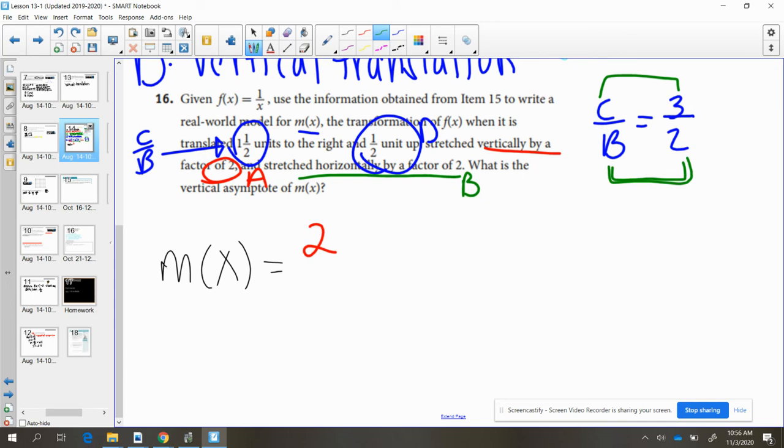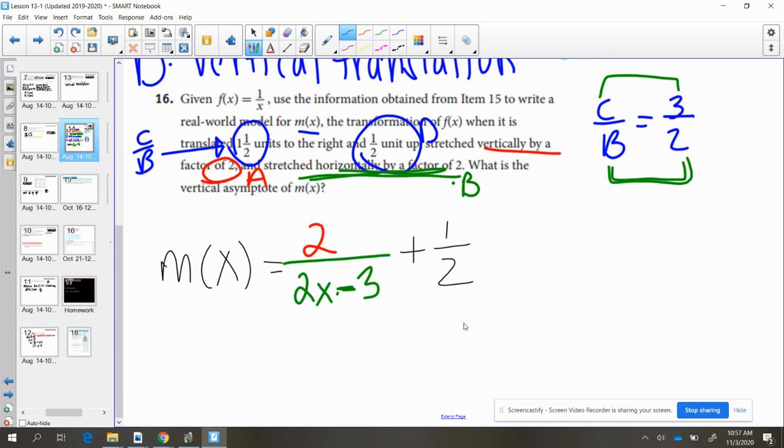And that also makes sense with the fact that we have that horizontal stretch by a factor of 2, that in our denominator we're going to need 2x and then minus 3. Because again, if we're ultimately shifting this to the right, it's going to have to be a minus inside of there. And then last but not least, that vertical shift up 1/2 would be our parameter d at the end here.